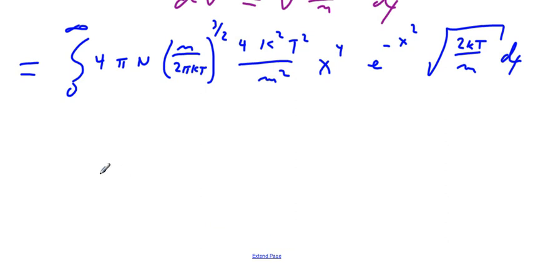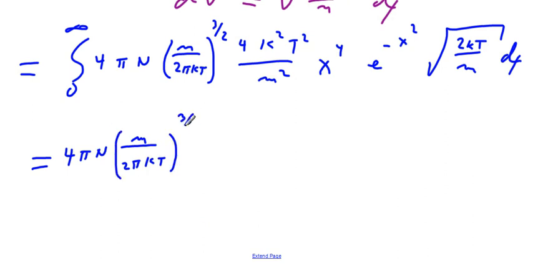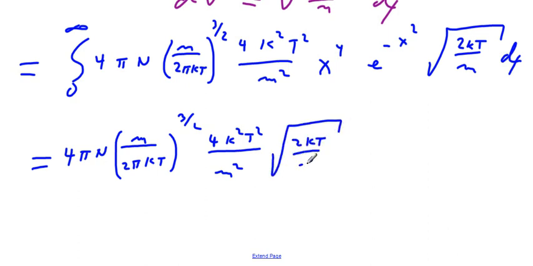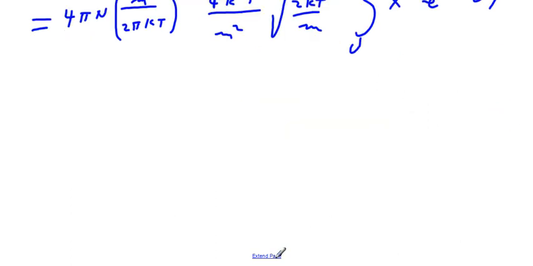Okay, we're still stuck with a whole lot of constants, so we'll bring the constants out, and we have the integral from 0 to infinity of x to the 4th e to the minus x squared dx, which is exactly what we're looking for.